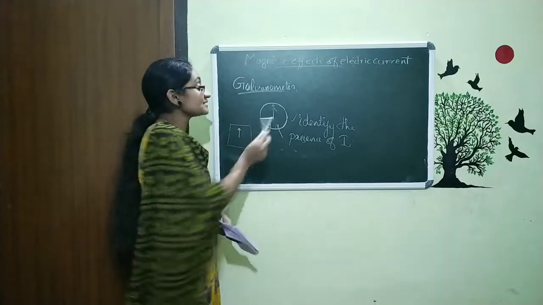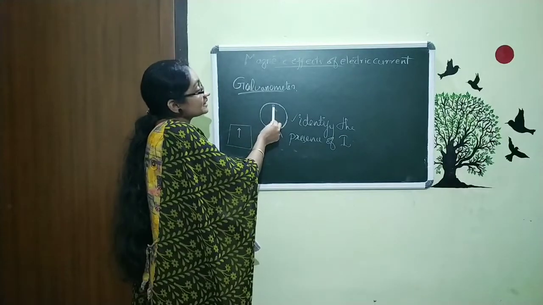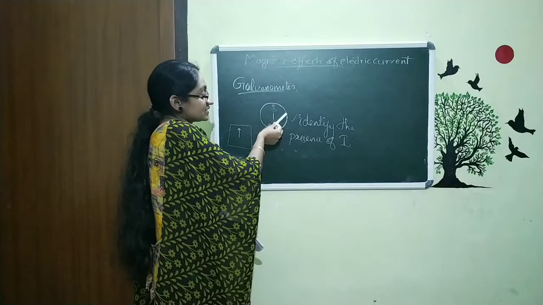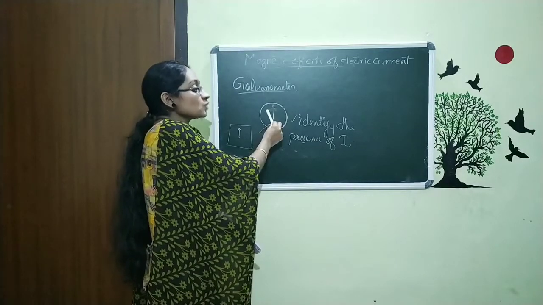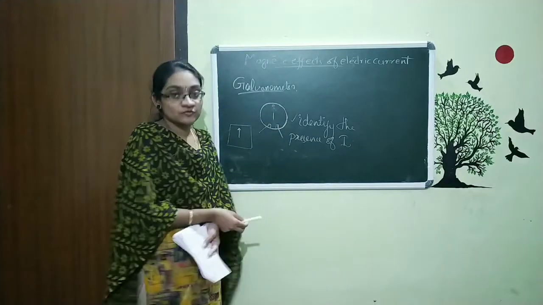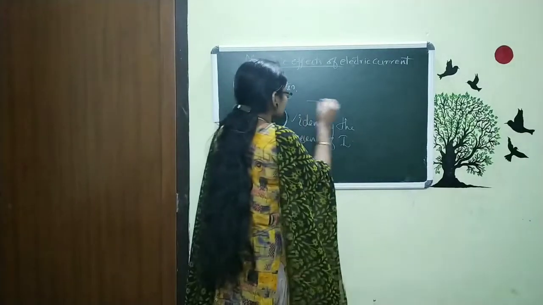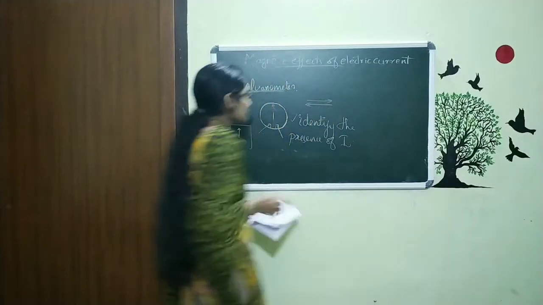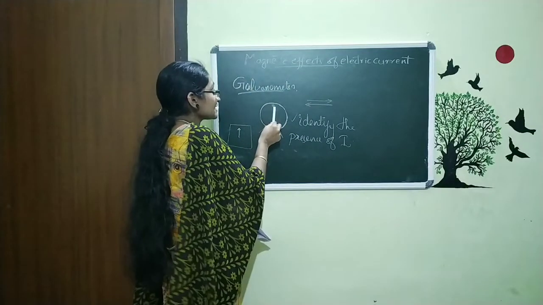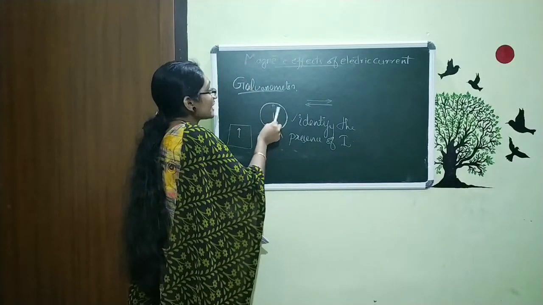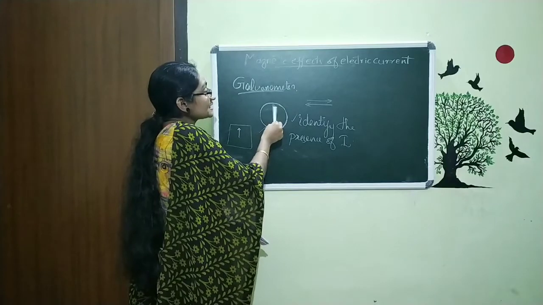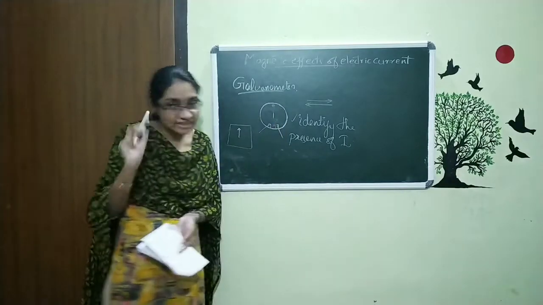The other thing is that it moves either to the left side or the right side according to the direction of the current. We know the current can flow in both directions. So the galvanometer reading to the left or right represents the direction of the current.